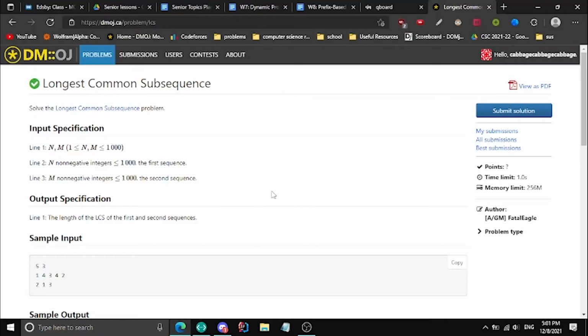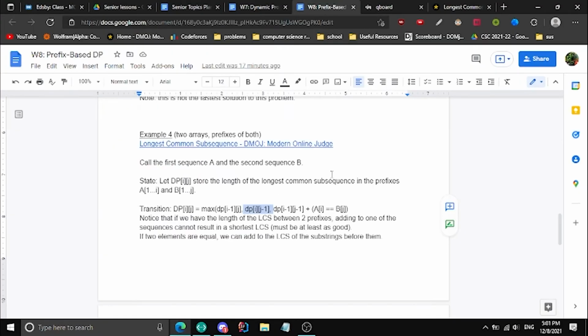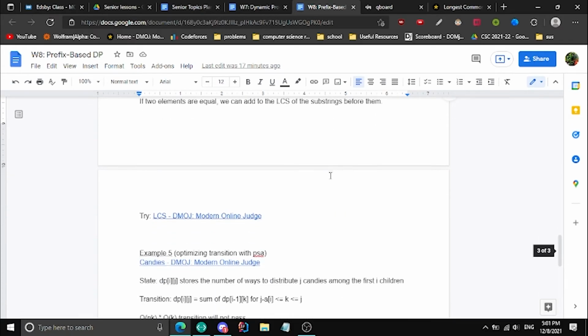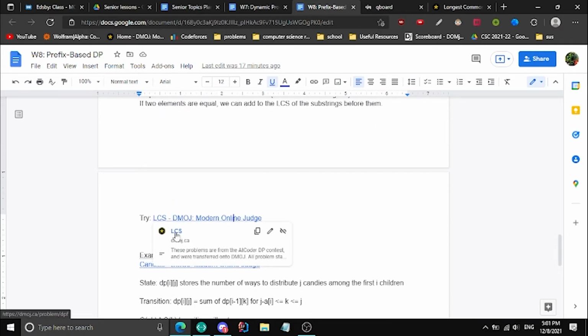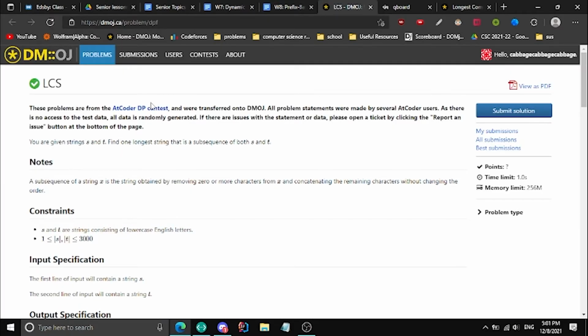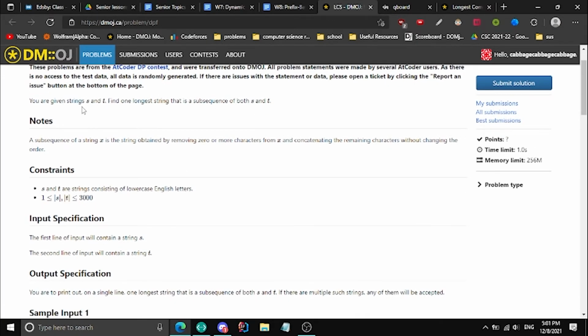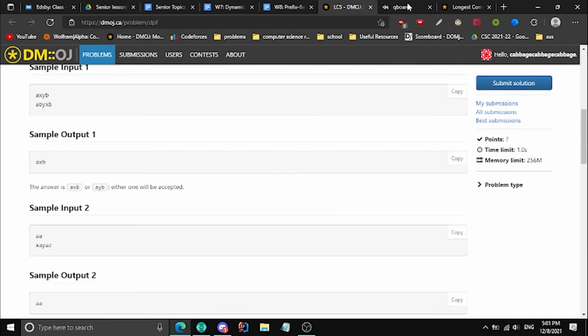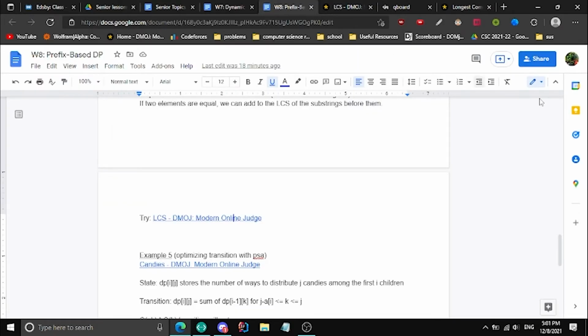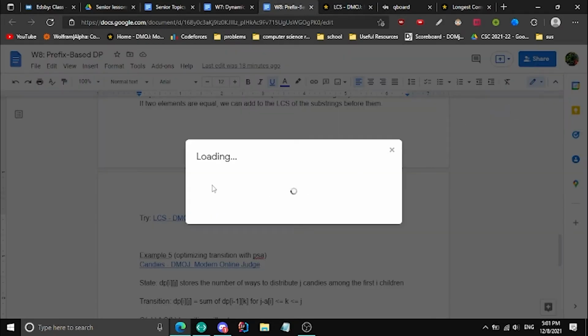Okay, if not, I think we can move on to a very, very similar problem. Actually, they're both the longest common subsequence problem. I guess I can share the stock, why not?